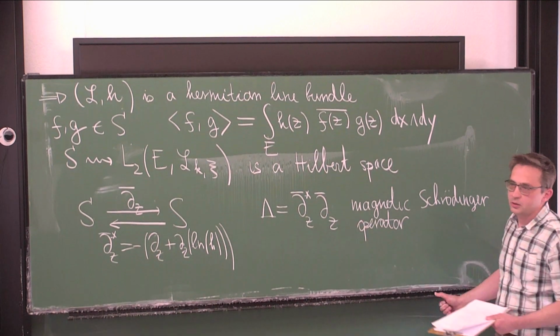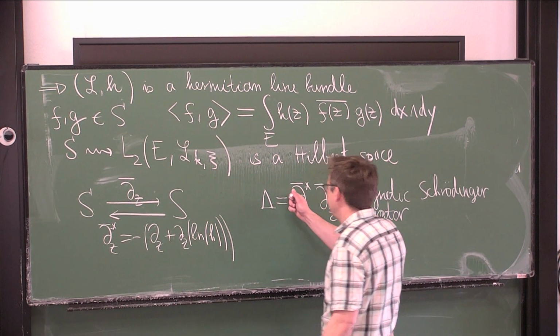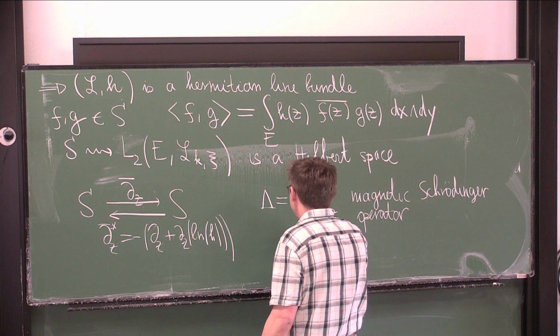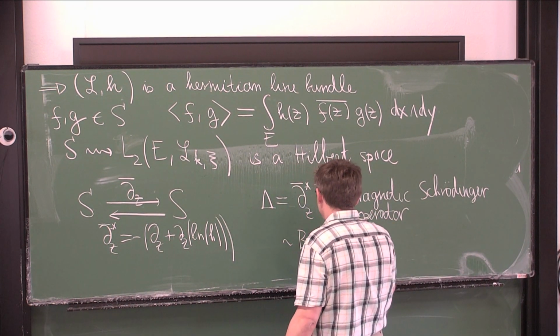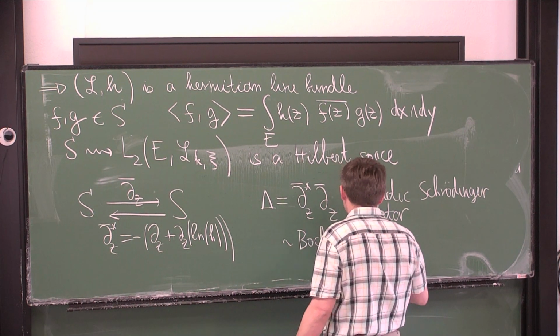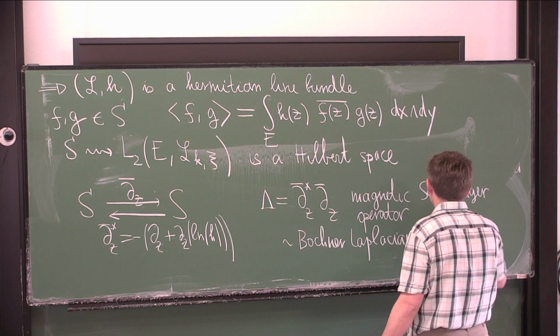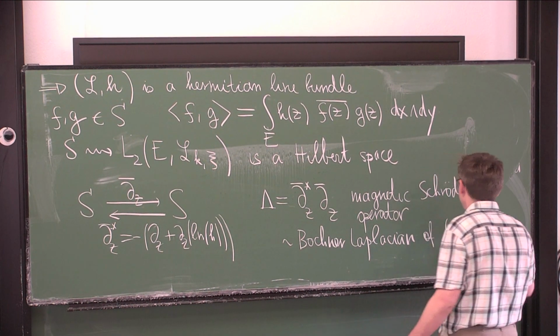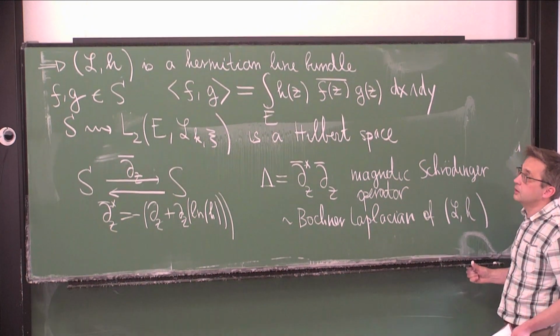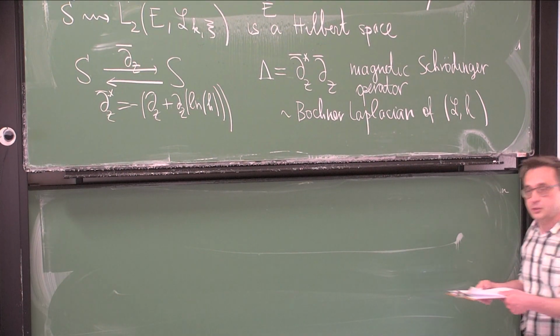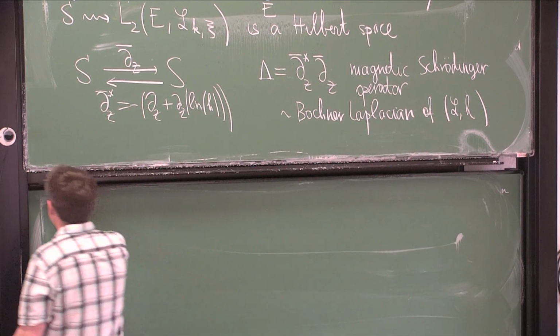So this operator is, up to multiplying with 2 and some shift, just the Bochner Laplacian of the holomorphic Hermitian line bundle LH, and one sees immediately from the definition the description of the ground state.